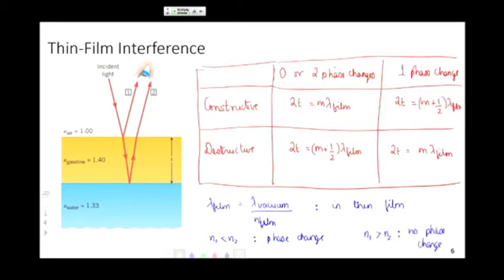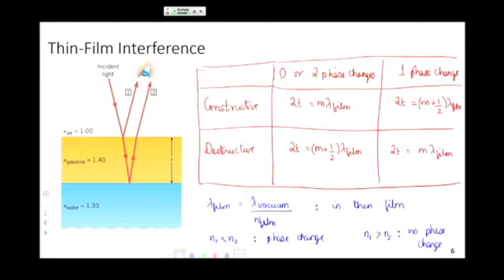If you look at constructive and destructive interference, you get two relationships. I'm going to describe this, and you can see in this third column over here, I've switched these. So what is going on here? What I need to know is whether when these waves come out, they are in step or out of step.